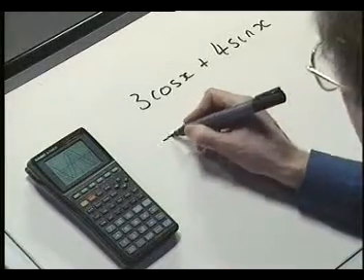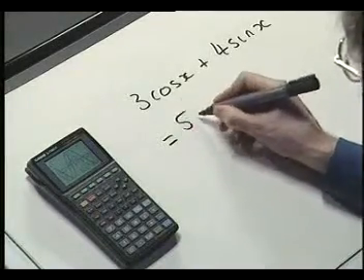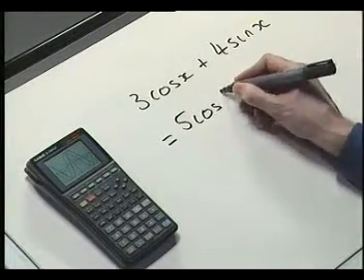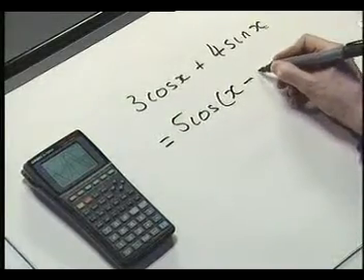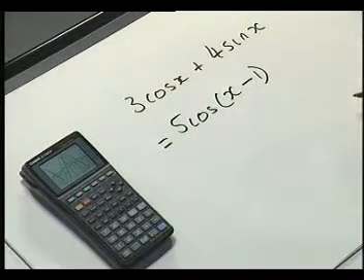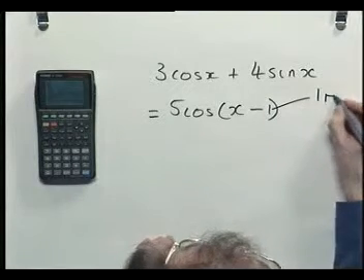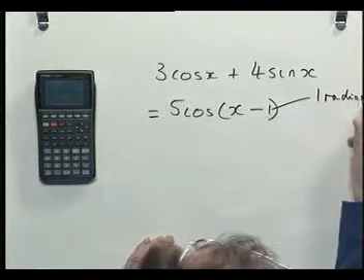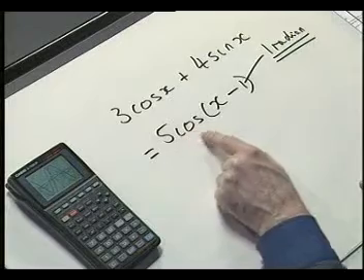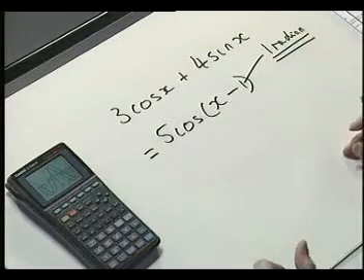So it seems that we can write this as 5 cos of x minus 1. Now, my calculator was working in radians, so this 1 is 1 radian. So 3 cos x plus 4 sine x is 5 cos of x minus 1.